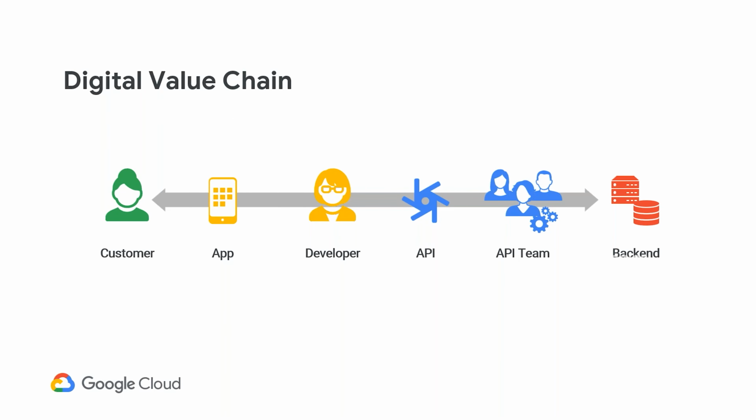And with APG, we implement something we call a digital value chain. So what exactly do we mean by that? For example, on the enterprise level, there is a backend, some database, and a lot of data. Then there is an API team, which builds an API or microservice, a REST API. Once the team builds a microservice, it is exposed via APG.